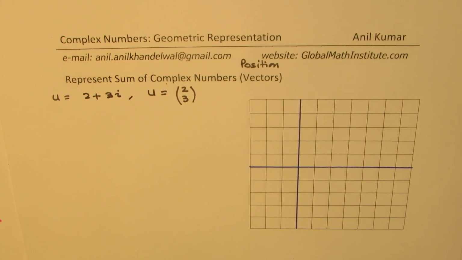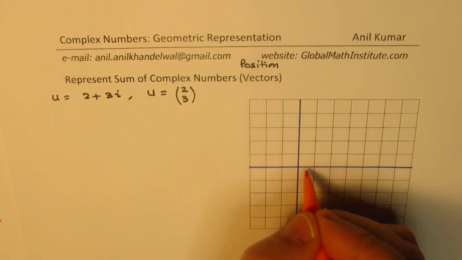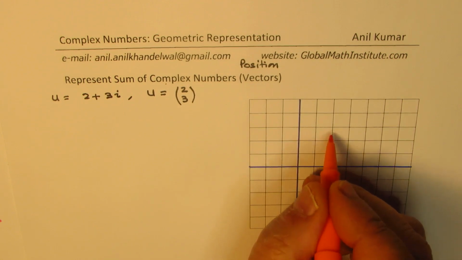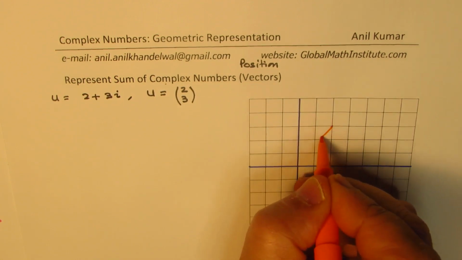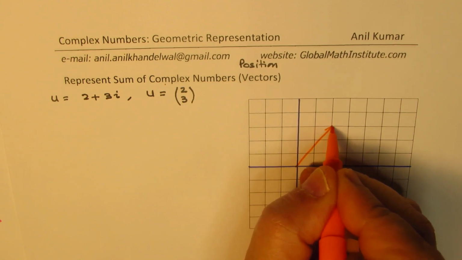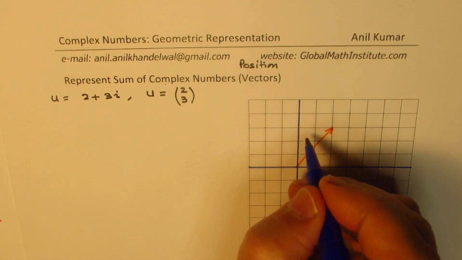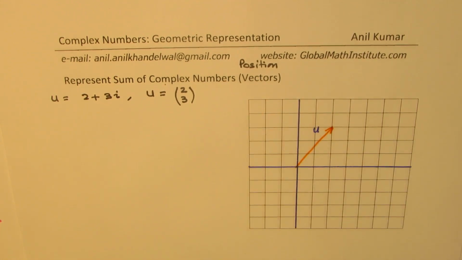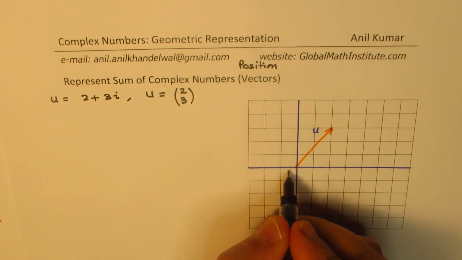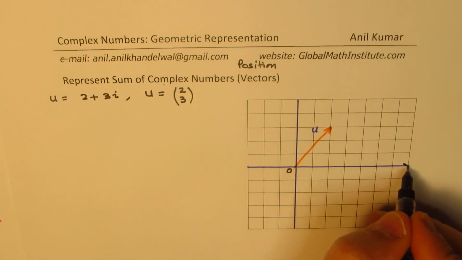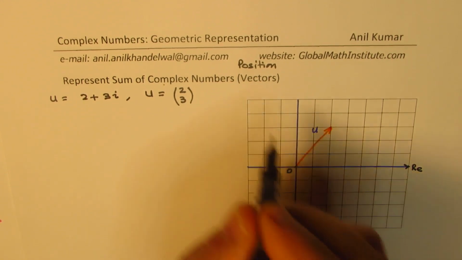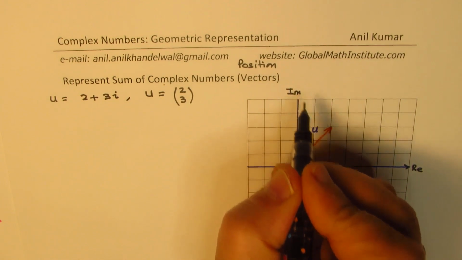And we can sketch this vector: 2 and 1, 2, 3. So this vector from the origin represents the position vector u. So that's the origin for us. This is the real axis and that is the imaginary axis.